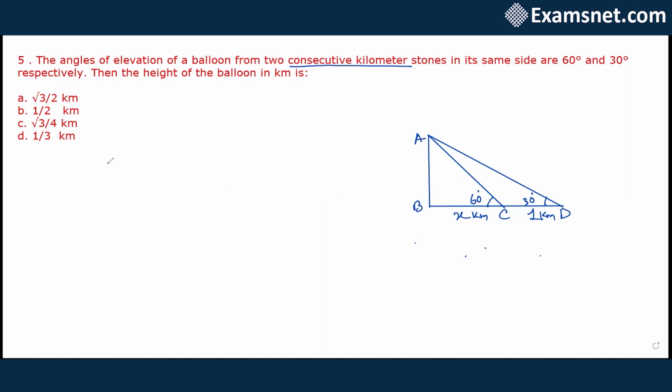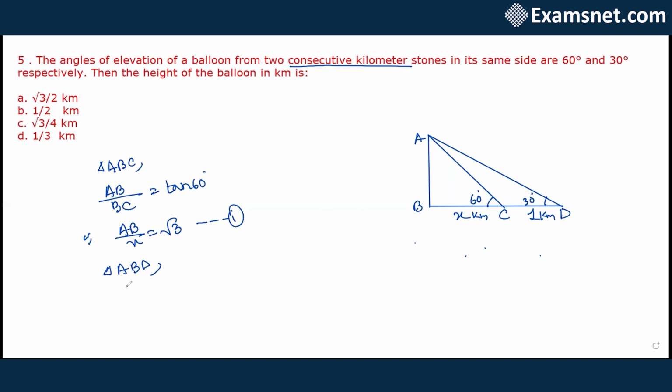So let's start with the solution. First, we can consider triangle ABC. So here AB by BC equals tan 60 degree. We can put the value of BC, that is AB by X. Also we know the value of tan 60 degree, that is √3. Let's name it equation number 1. Next, consider triangle ABD.